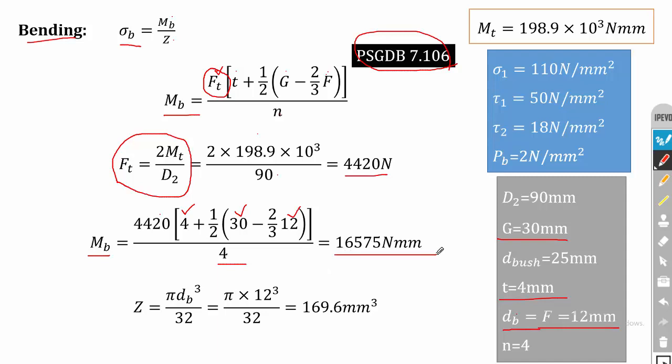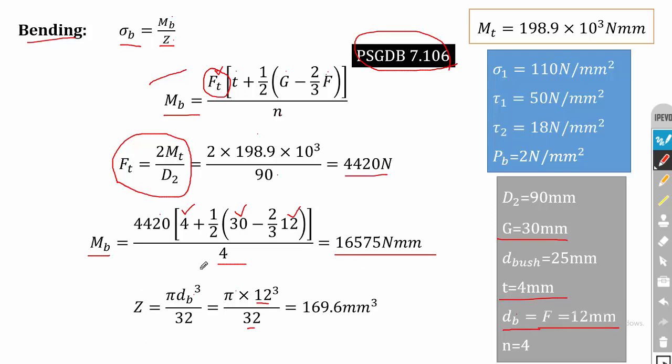So Mb is the maximum bending moment, that is 16,575 Newton mm. Then Z is the section modulus, and that is equal to pi dB cube divided by 32. So it is pi 12 cube divided by 32. Don't confuse the dB value; here dB is the diameter of the bolt. Only in this Mb equation do you have to use the notations from the data book.